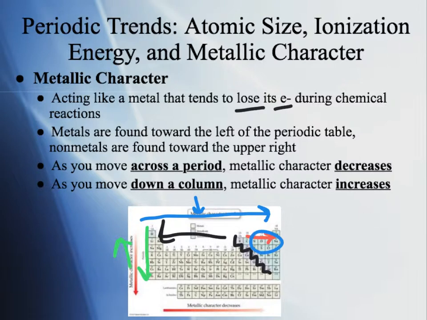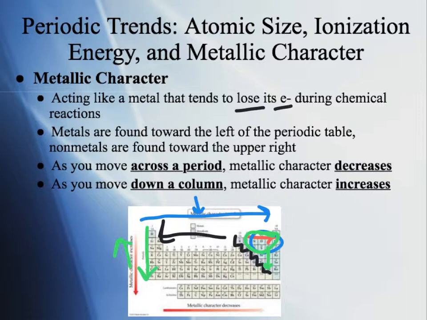Another way to think about it is that you have more metals up on the top part than on the bottom part, and in the nonmetal group, you have fewer nonmetals on the bottom. So you're going to be increasing metallic character as you go down.